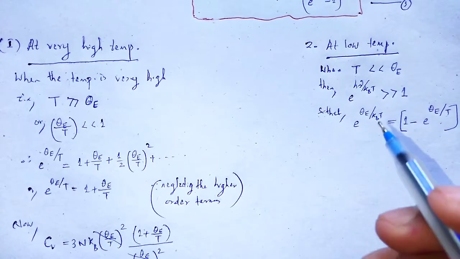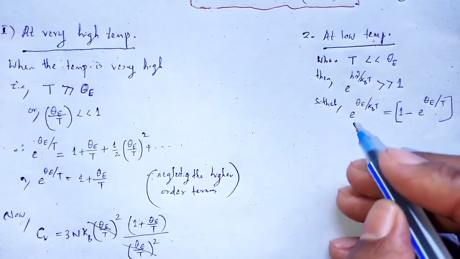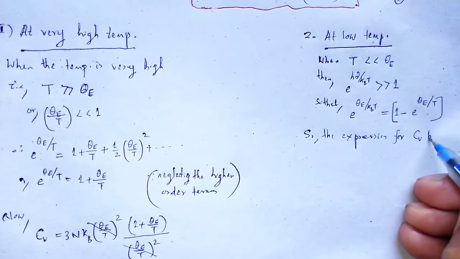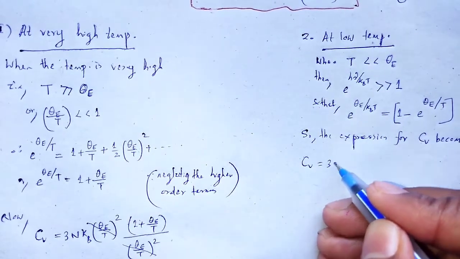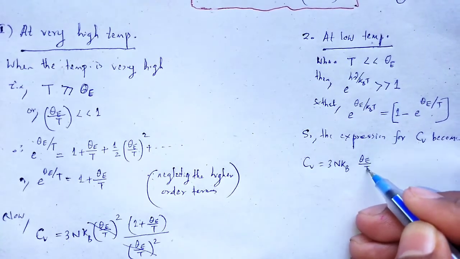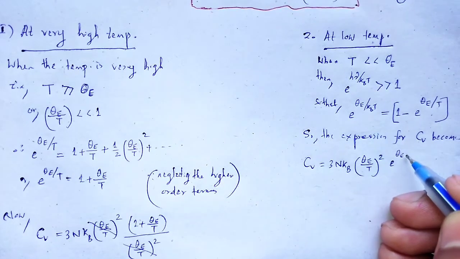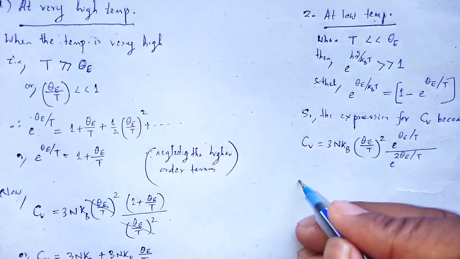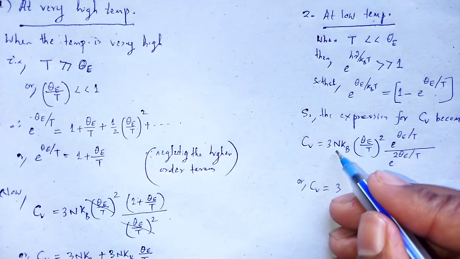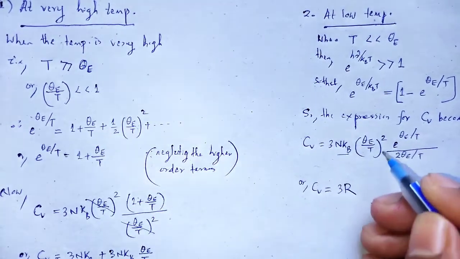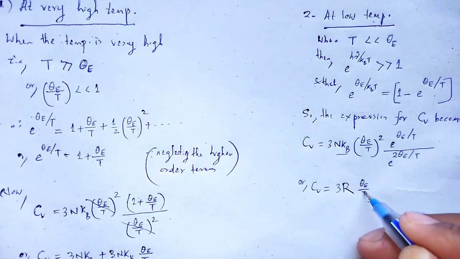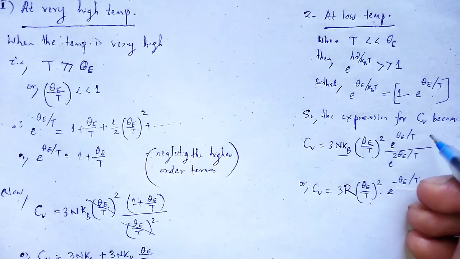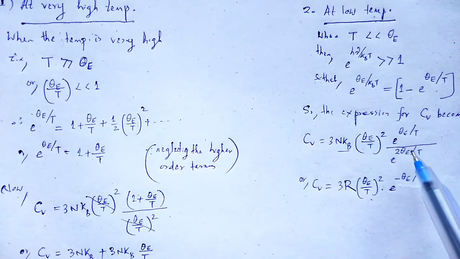By using these substitutions in equation number 3, the expression for Cv becomes Cv is equal to 3 N kB (theta e divided by T) square, e to the power theta e by T, whole divided by e to the power 2 theta e divided by T. Or Cv is equal to 3 N kB as R, next (theta e by T) whole square into exponential e to the power minus theta e by T, that is theta e minus 2 theta e, that is minus theta e.